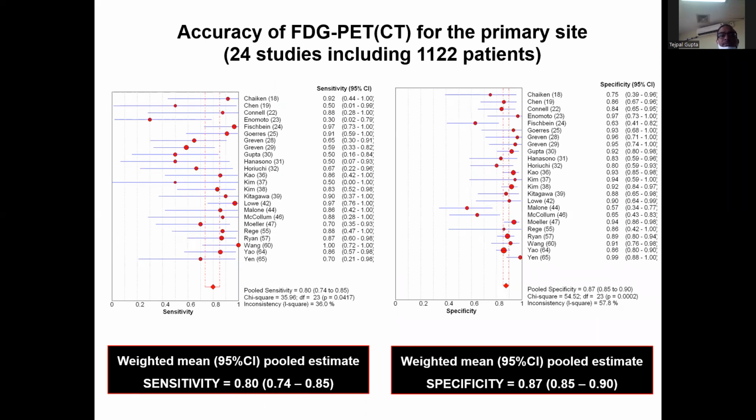So as I said, we did it separately for primary site, neck node, and combined primary and neck. So this is for the primary site. As you can see, the weighted mean pooled sensitivity was 0.80 with a 95% CI of 0.74 to 0.85. The specificity for the primary site was 0.87 with a 95% CI ranging from 0.85 to 0.90.